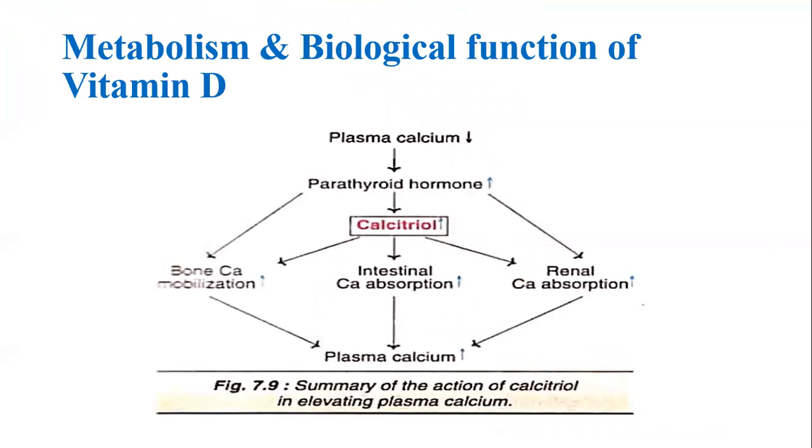In summary, a decreased plasma calcium concentration in the blood stimulates the parathyroid gland.